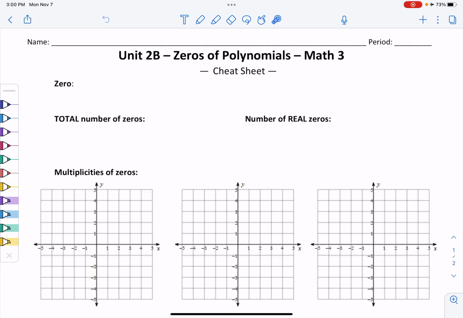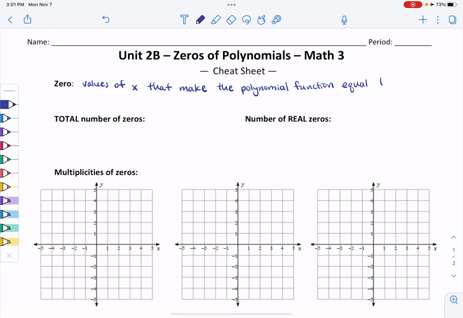All right. So initially we started by talking about what a zero of a function is, right? Zeros of functions are values of x that make the polynomial function equal to 0.